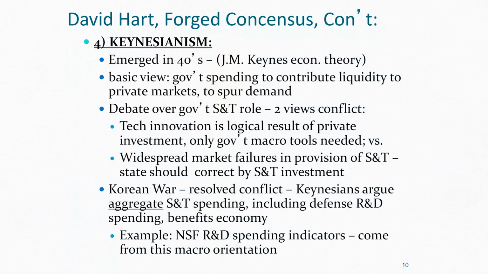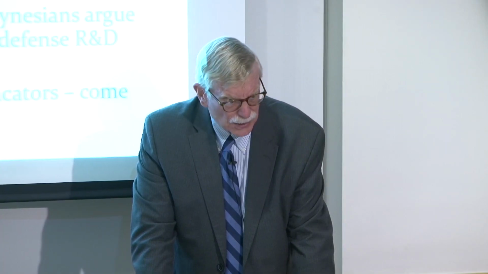But the idea here, as applies to science and technology, is look out for the macro investment levels, right? Have a governmental role in funding investment in research and development, because the private sector is not prone to take longer-term risks, and the government can substitute for that. So this factor is still with us, right?